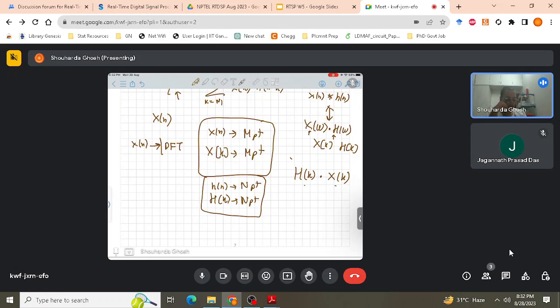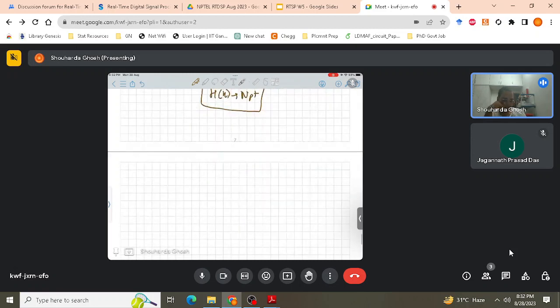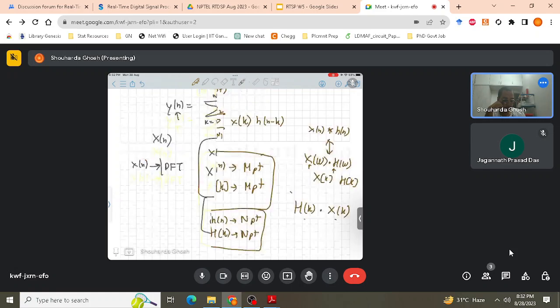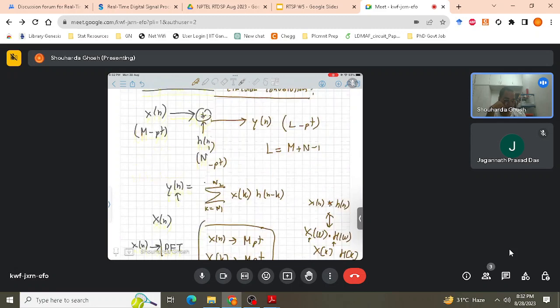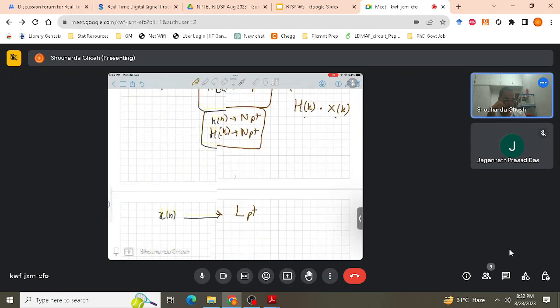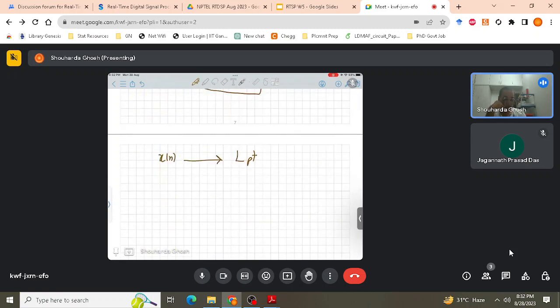So what is the solution to this? We try to make x[n] an L point sequence. What was L? L was the convolution sequence length. We make x[n] an L point sequence. How do we do that? x[n] was already M point, so we append L minus M zeros to x[n].